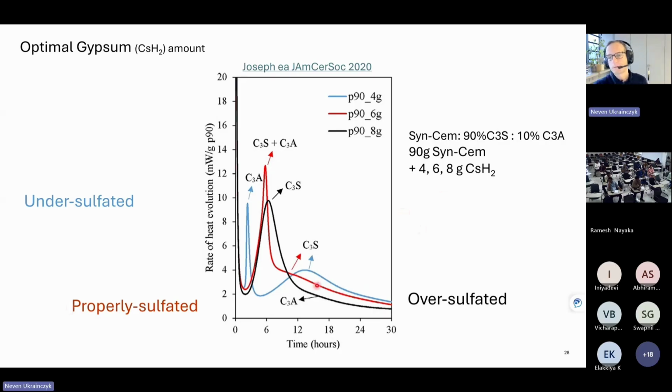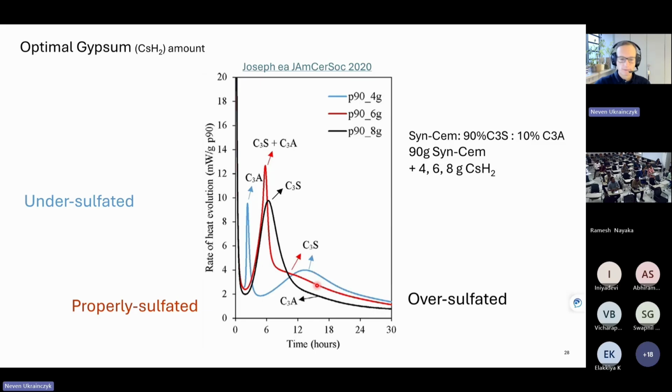This is also very important for LC3 systems. When you have clay like metakaolin, because metakaolin has aluminates, these aluminates also react very early, and then you have to adjust your sulfates in the LC3 system. Like you know the Scrivener mixture with the limestone, calcined clay, and cement.